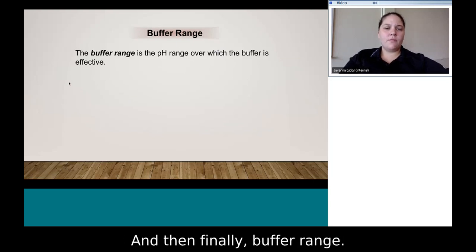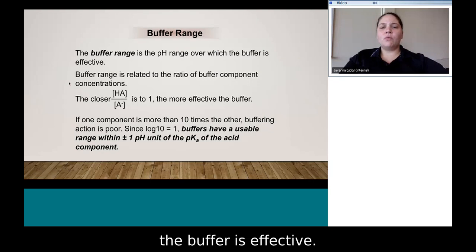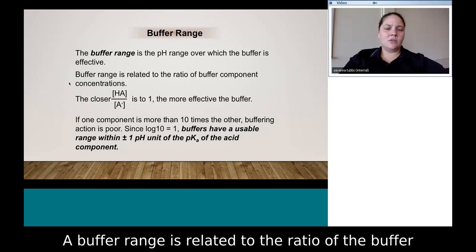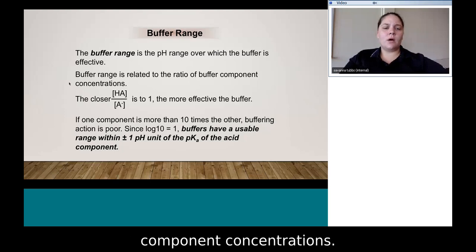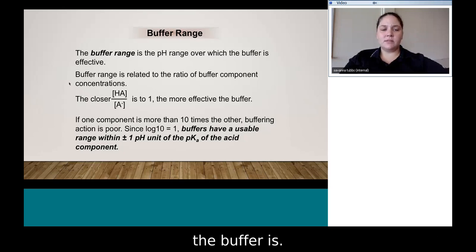And then finally, buffer range. The buffer range is the pH range over which the buffer is effective. A buffer range is related to the ratio of the buffer component concentrations. The closer the HA over A- is to 1, the more effective the buffer is.